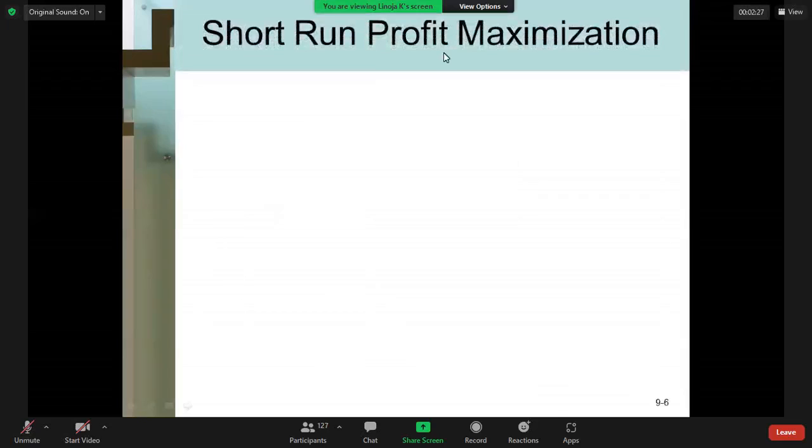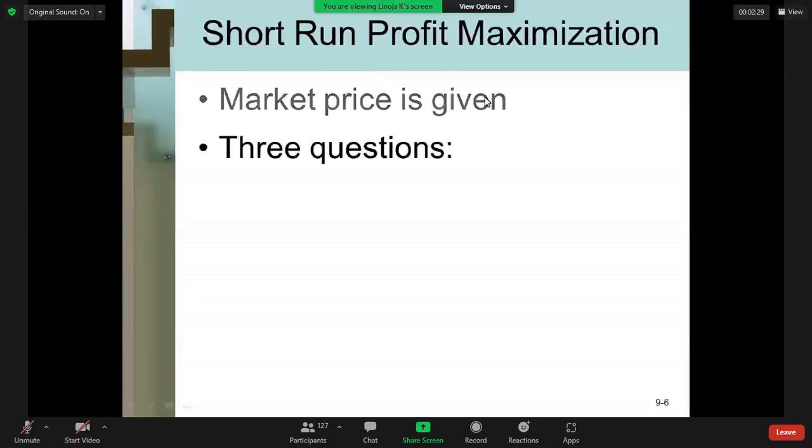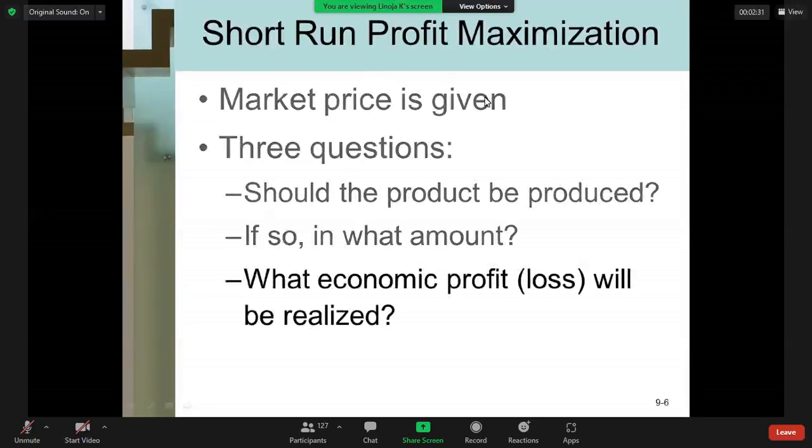So we are getting into another thing, that is short run profit maximization. Here in the markets, usually whatever the market, what they are running for is only profit maximization, right? That is their ultimate goal.